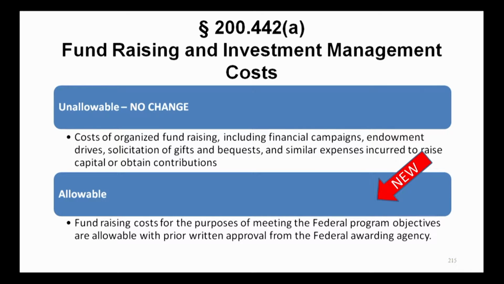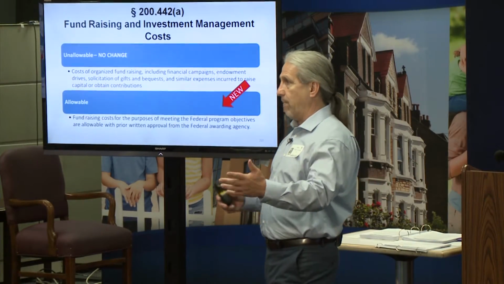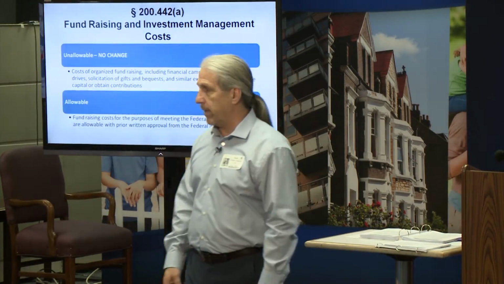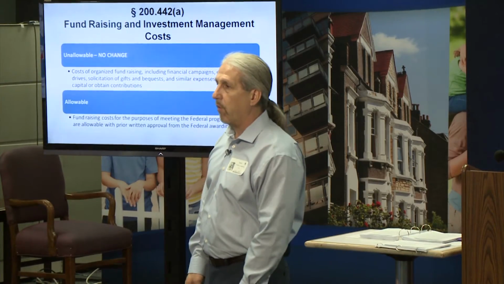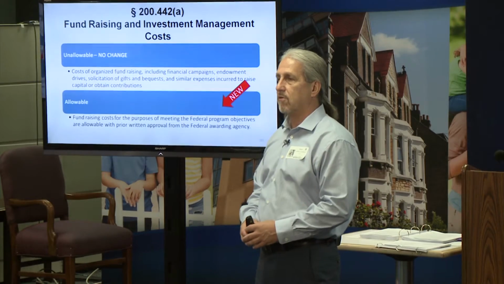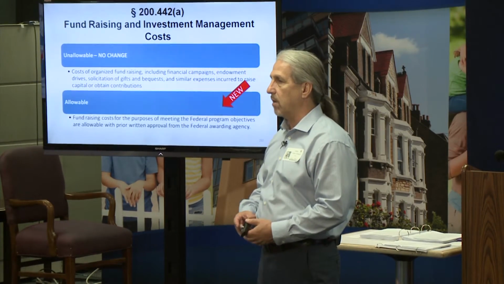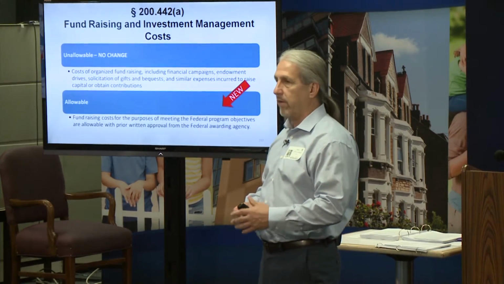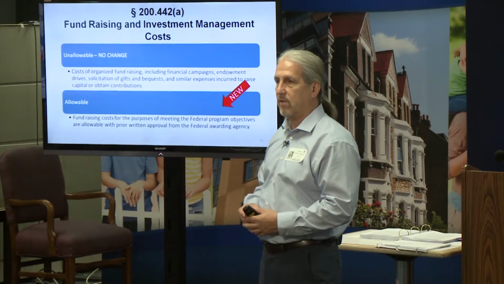So fundraising costs for the purposes of meeting the federal program objectives are allowable with prior written approval from the federal awarding agency. So, for example, again, going back to our youth prevention programs, you can see fundraising is generally a part of our communities for funding our youth prevention activities.